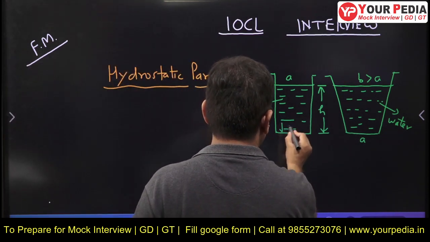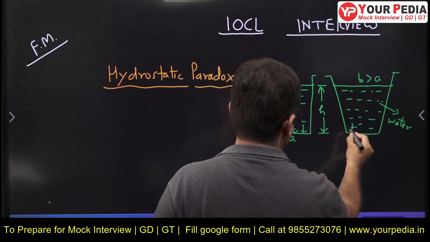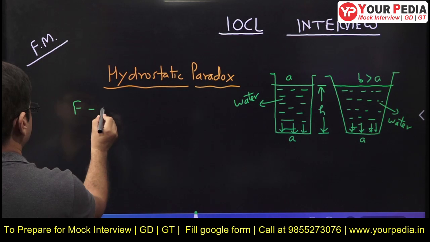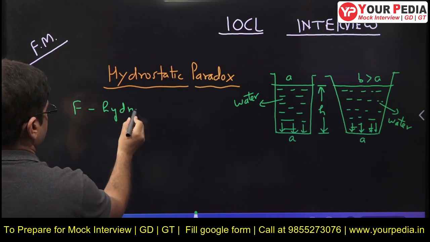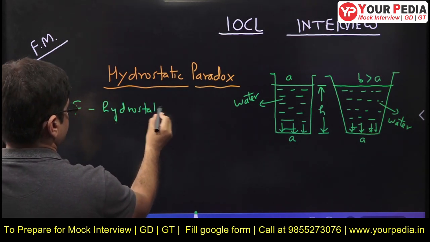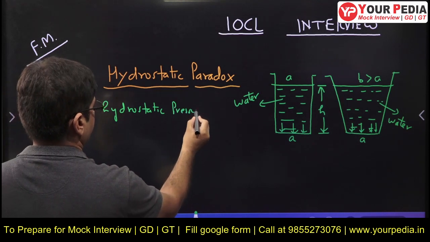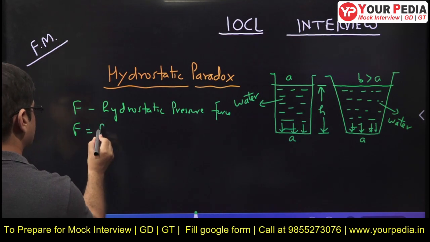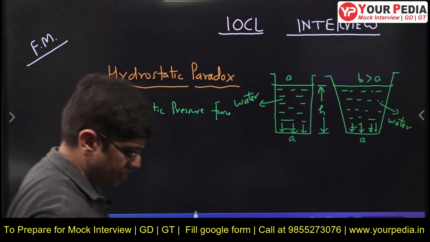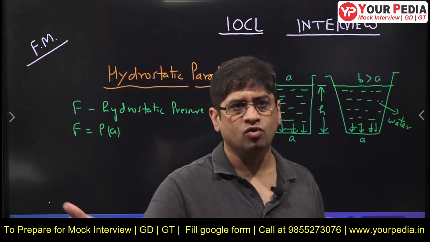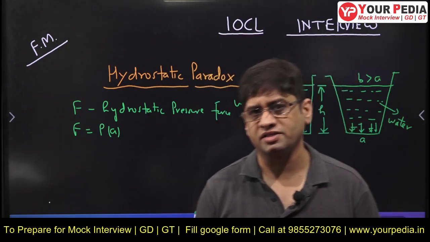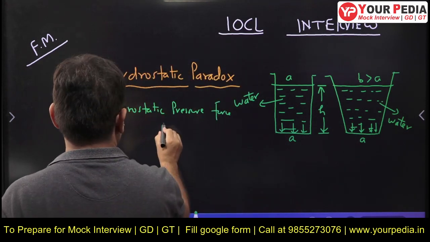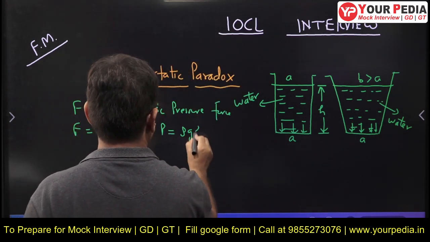What will be the hydrostatic pressure force at the bottom? Let us say F is the hydrostatic pressure force. Hydrostatic pressure force, as you know, is calculated as hydrostatic pressure into area, and hydrostatic pressure is calculated as rho into g into h.